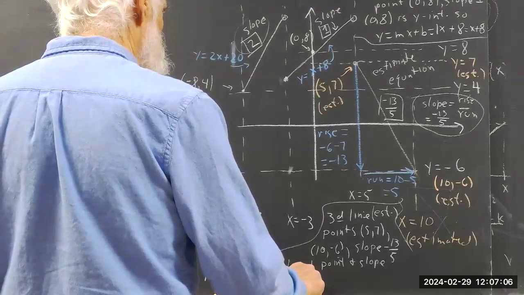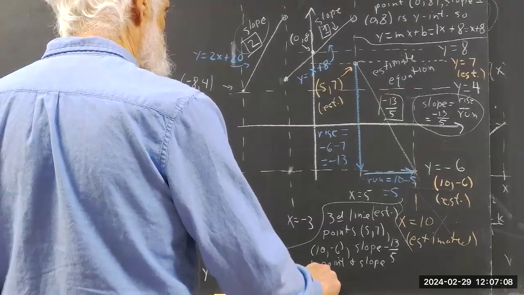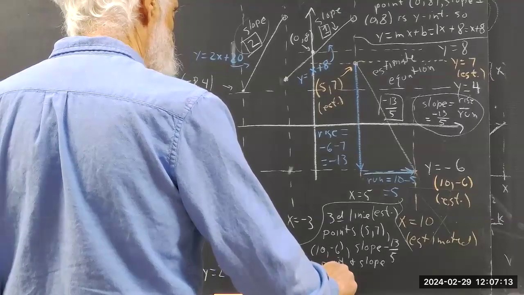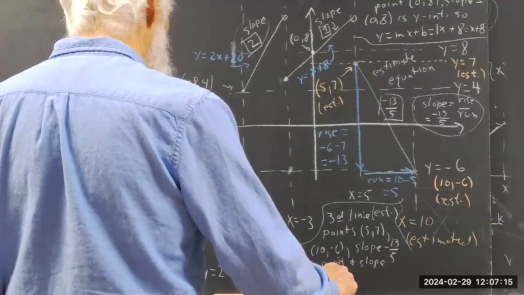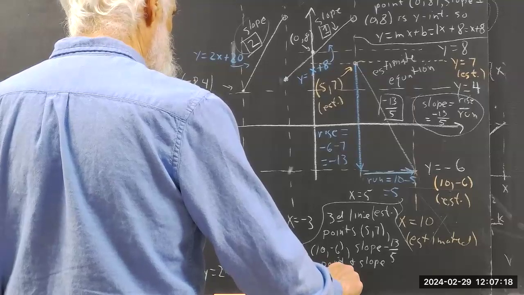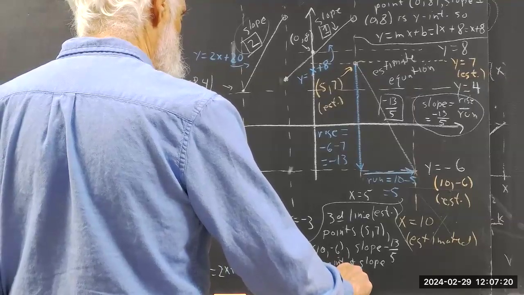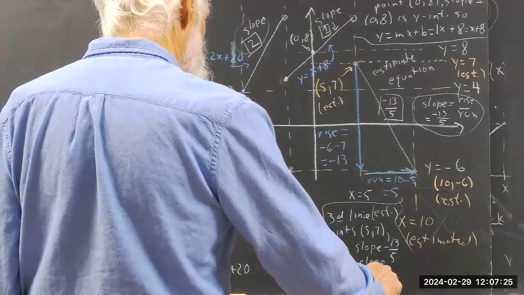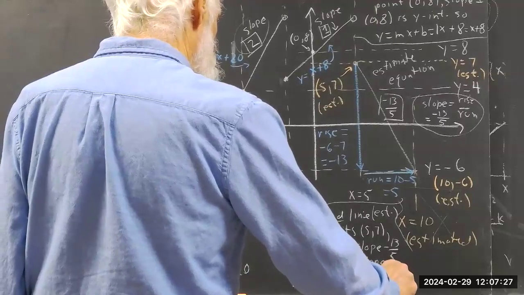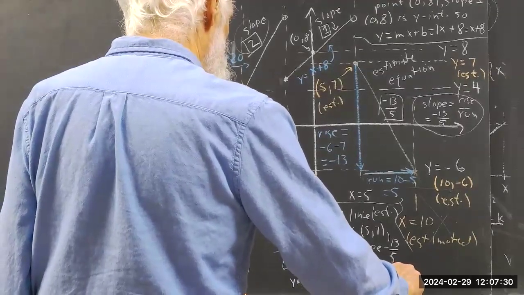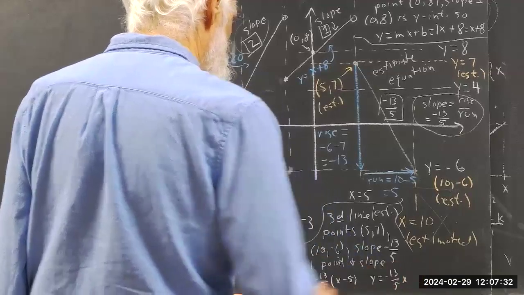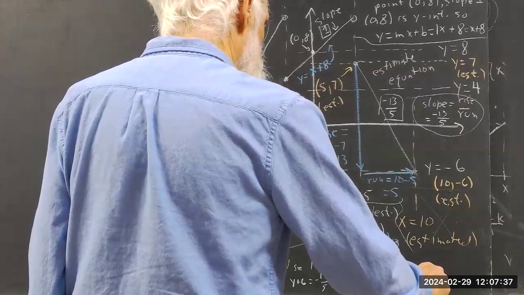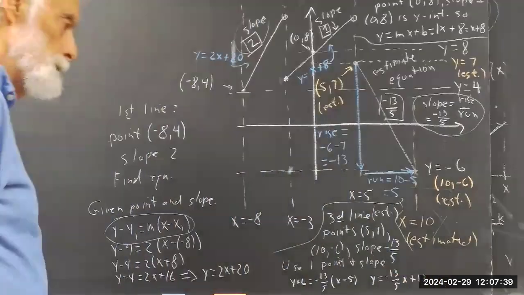I'm going to get y plus 6 equals -13/5 of x minus 5. Get y equals -13 fifths x plus 13, if I did that right in my head.